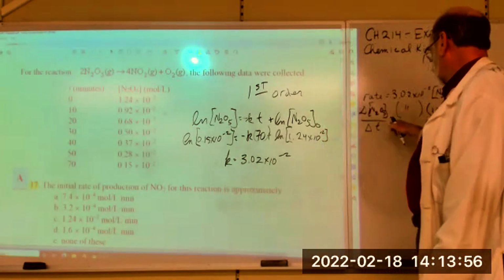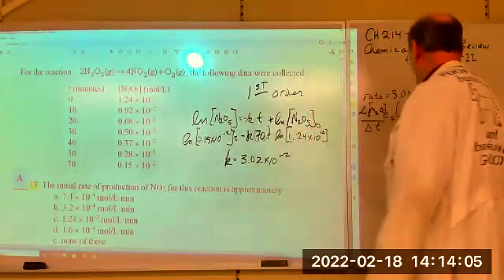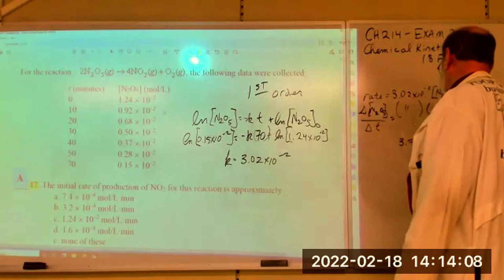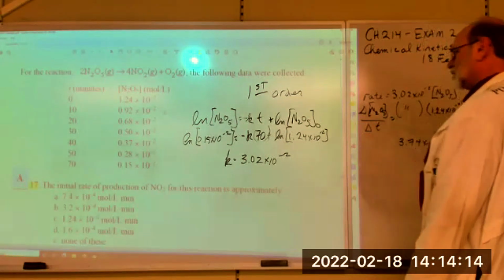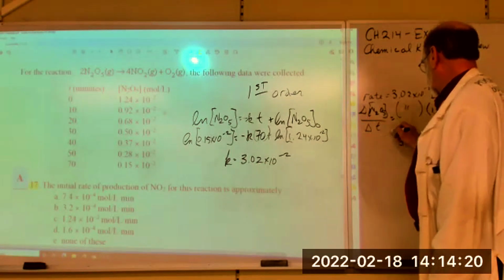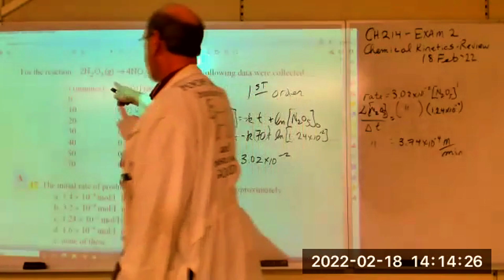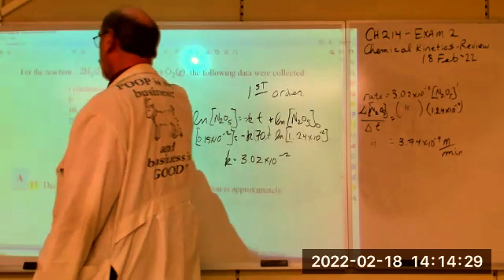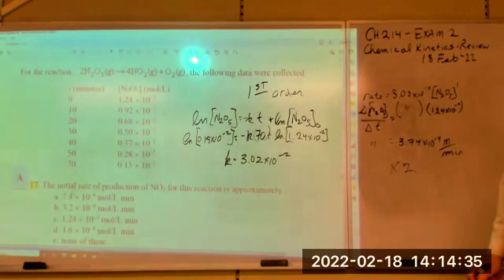But once we find out what this rate is, and that rate is, let's see, 3.74 times 10 to the minus 4 molarity per minute. And as this one disappears at that rate, for every 2 of those, you get 4 of these. So the actual rate of production of NO2 is twice that. Okay.